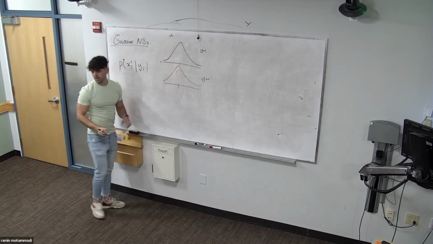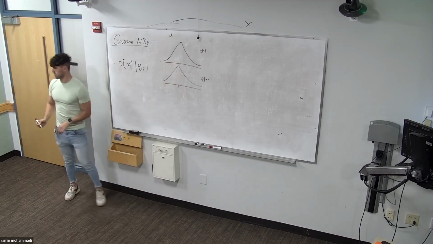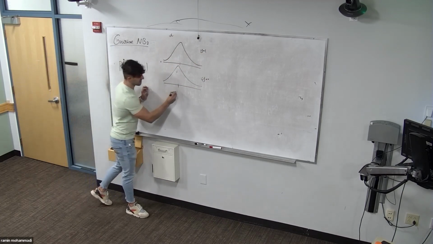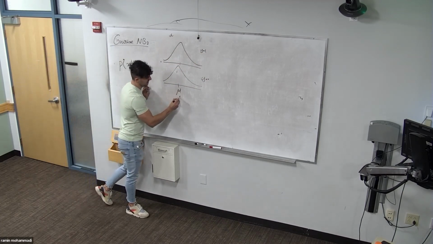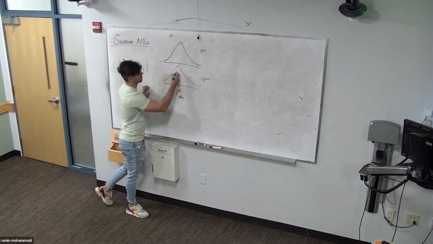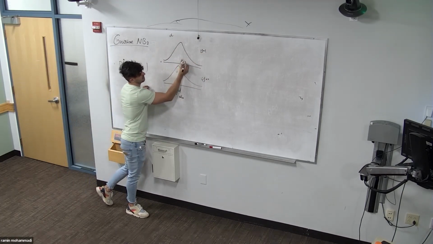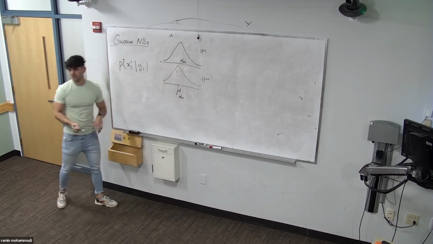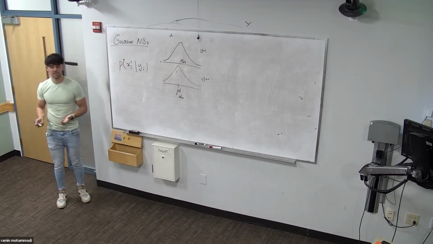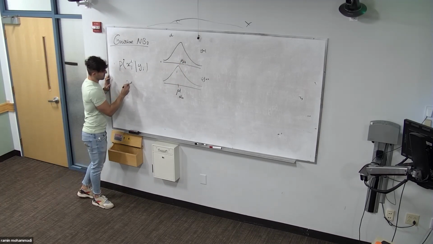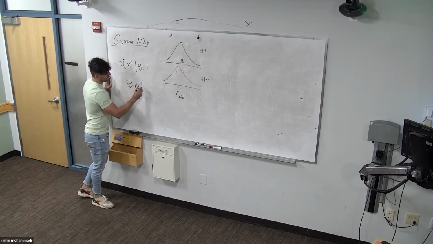Each of those comes from a Gaussian distribution, and each Gaussian has its own mean, mu zero, mu one, and they also have their own variances, right? So that means this term comes from a Gaussian.